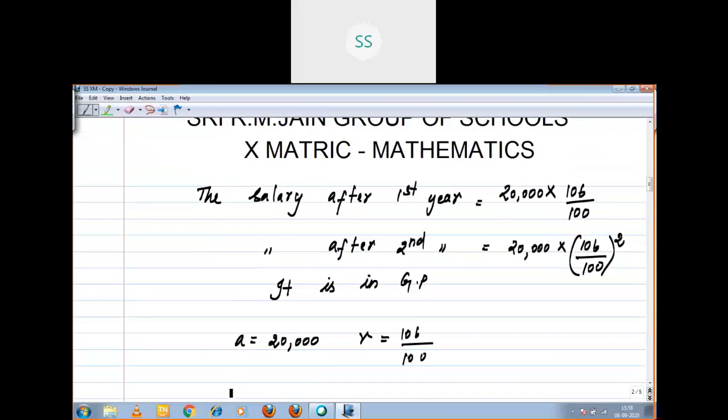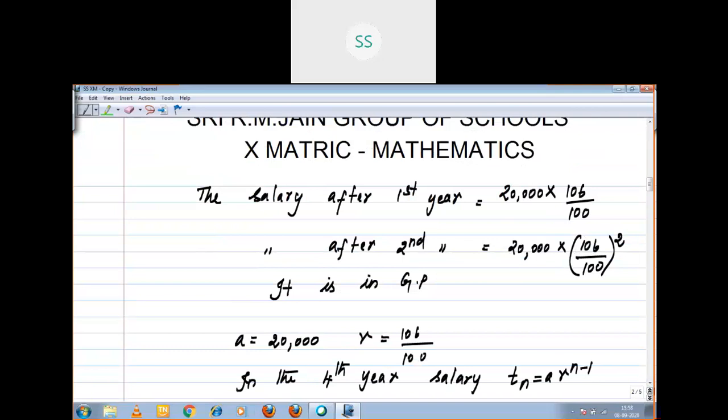Now, in the fourth year, that is general term, how to find fourth year? In the fourth year salary, that is Tn equal to A into R power n minus 1.